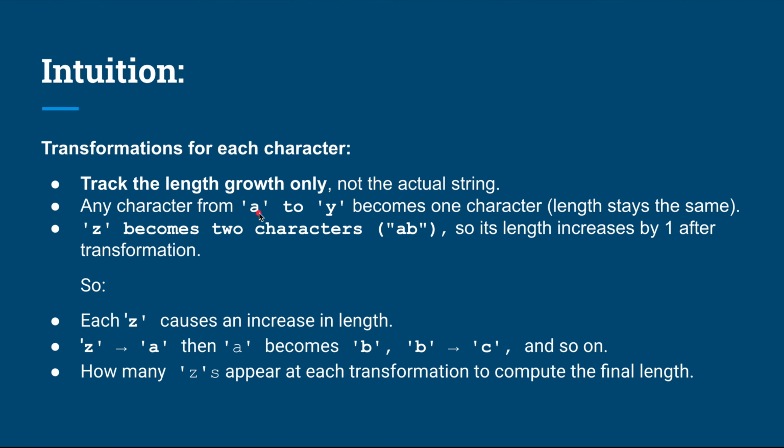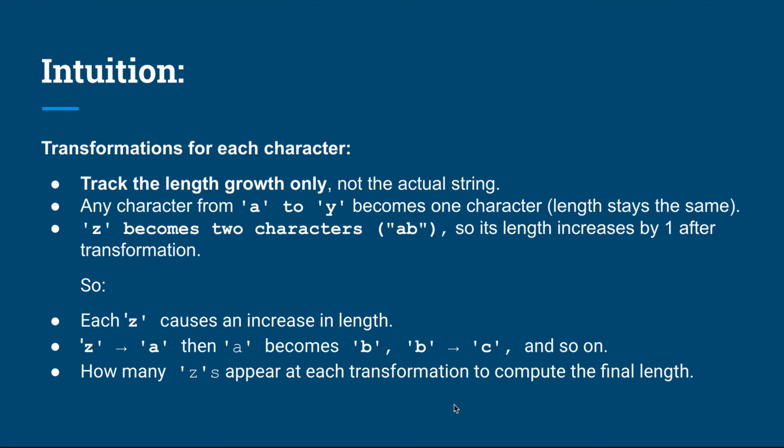Any character from A to Y will be just one character, but G will become 2 characters, so the length increases by 1. So each G causes an increase in the length. G turns into A and B, A becomes B, B becomes C, and so on. So how many Z's appear at each transformation determines the final length. That we have to check, right?